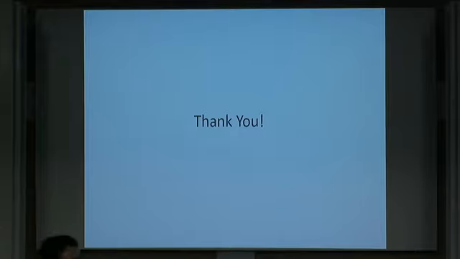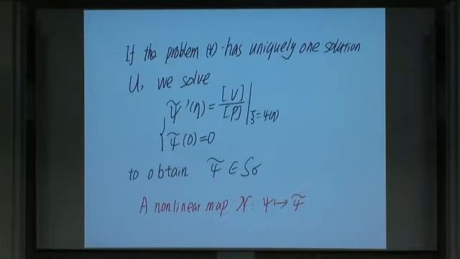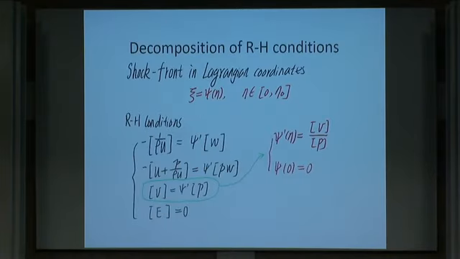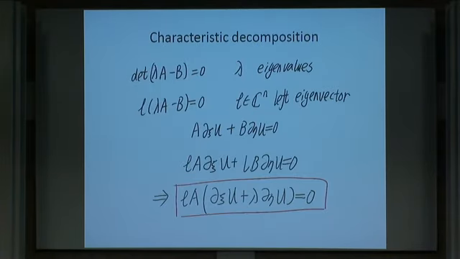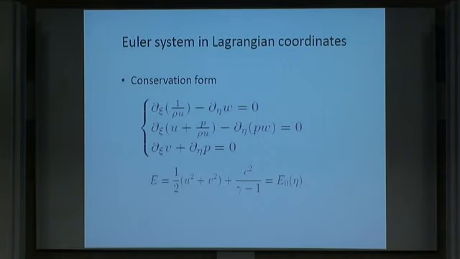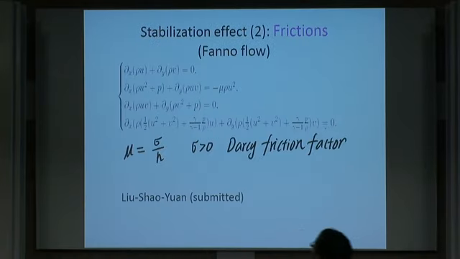My second question is, earlier when you talked about the stabilizing effects, you also considered friction and other effects, like fan flow. If you consider such results, do you have some kind of stability? For the frictions, we have submitted a paper; we have the stability, and it can be shown.